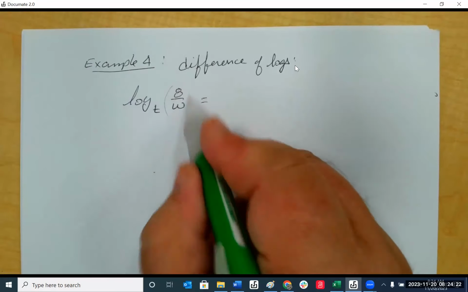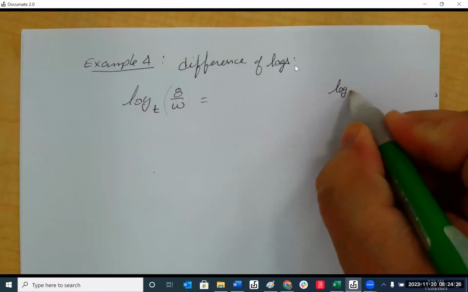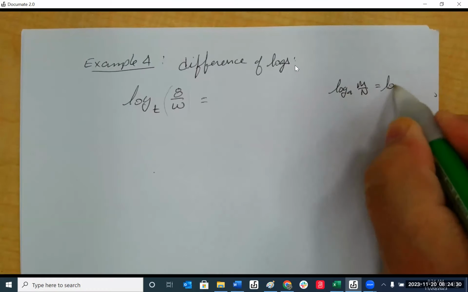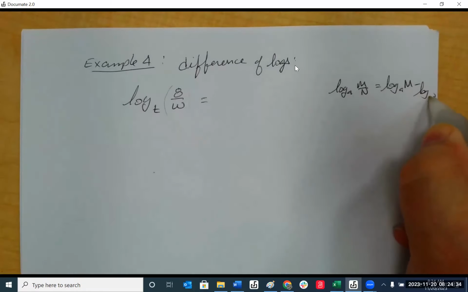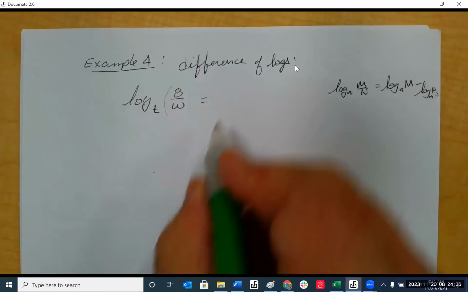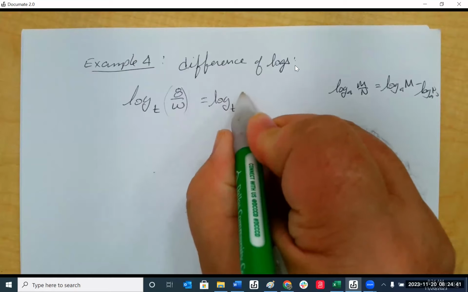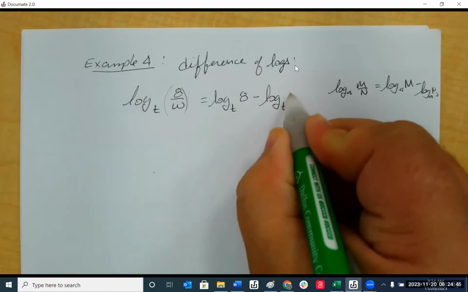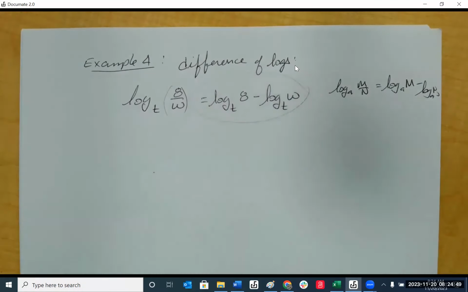Since this is a fraction, I have to use the quotient rule. Whatever's on top goes first, minus whatever's on the bottom. So it's log base t of 8 minus log base t of w. And there's your answer.